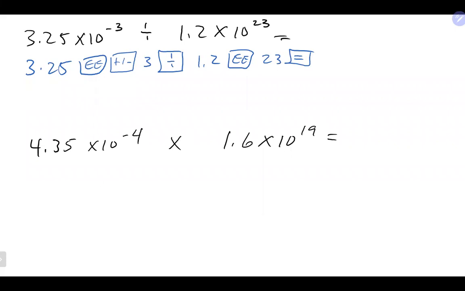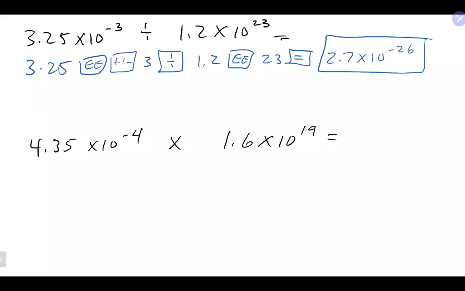Let's see. Looks like 2.7 to the minus 26. I rounded a little bit here, obviously: 2.708333 times 10 to the minus 26.